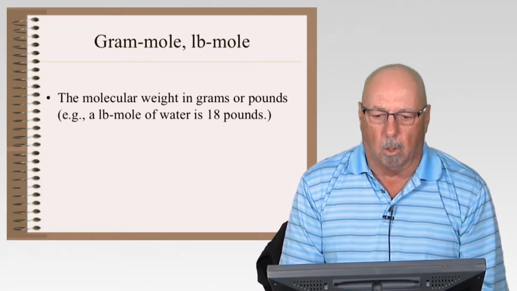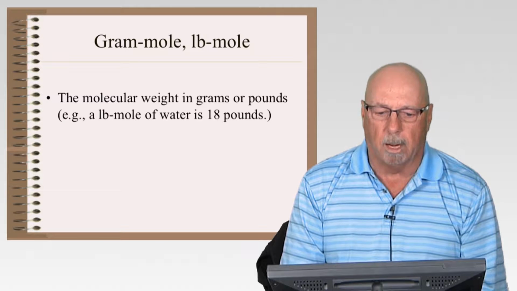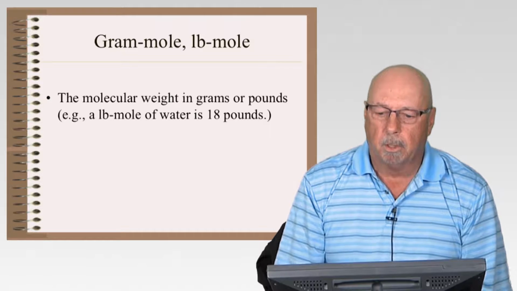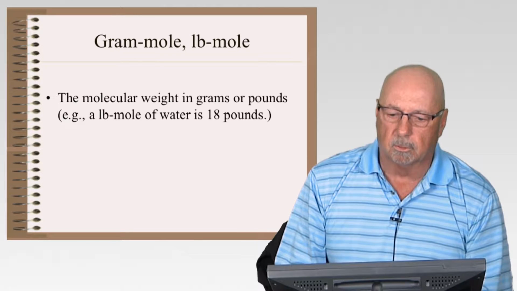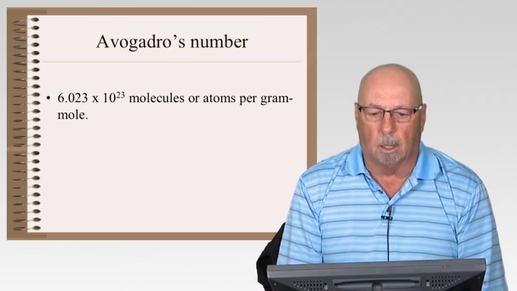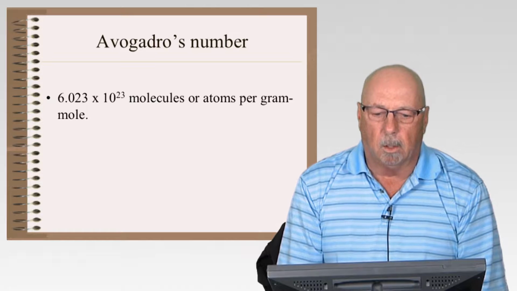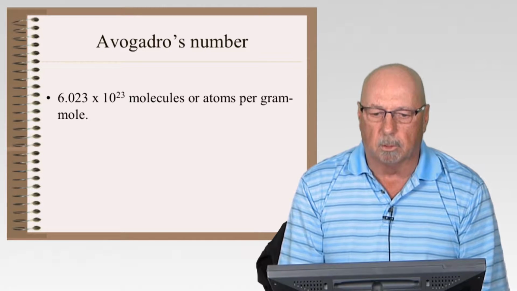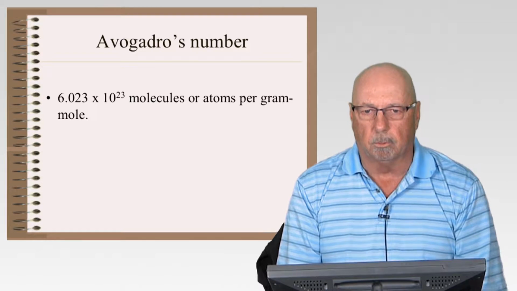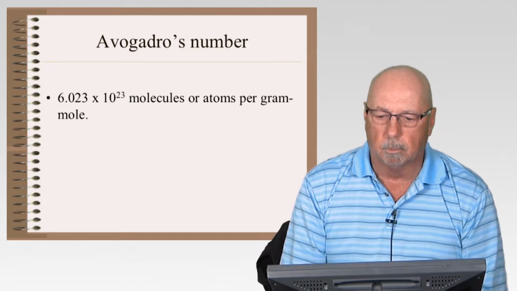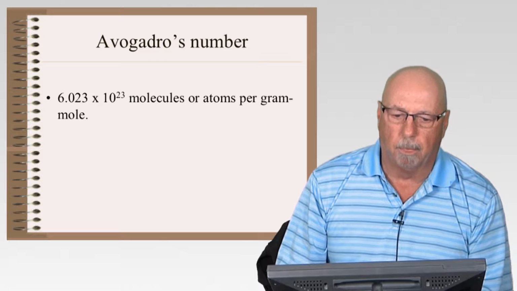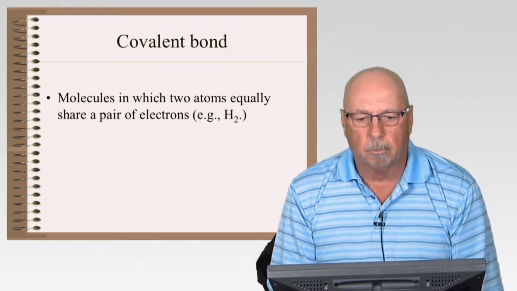Basically, a gram mole of water, or a pound mole of water, is 18 grams or 18 pounds. In each of those moles we have what is referred to as Avogadro's number, which simply means that there are 6.023 times 10 to the 23rd molecules or atoms in 1 gram mole. Again, something that we'll be using.